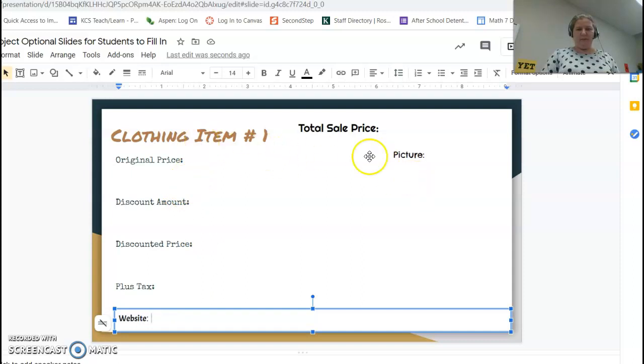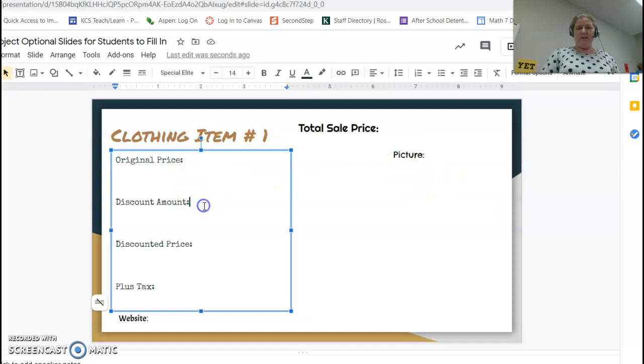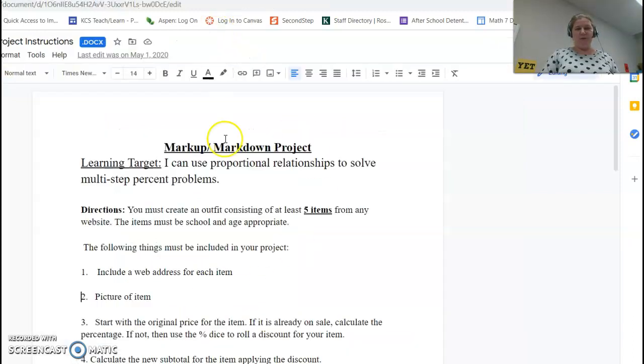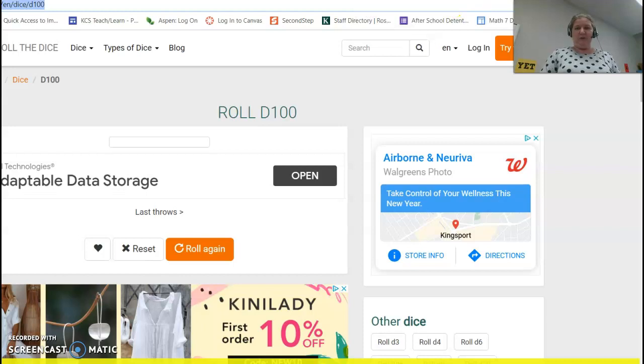Okay, you're going to have a picture of the item, the original price, the discount amount, the discounted price, the price with tax. And remember that you are using that tax rate here. And if it's already on sale, you're going to calculate the percentage. If it's not already on sale, then you're going to use the dice to roll a discount for your item.